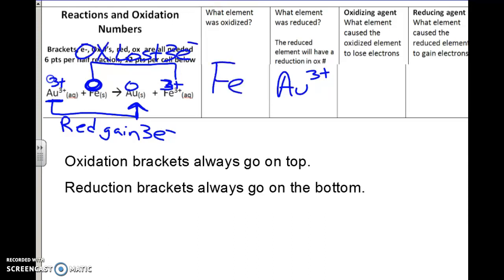Fe. Now, again, this is the part that becomes a little bit more cumbersome. So Fe is oxidized. This caused it. So Au3 positive is the oxidizing agent.